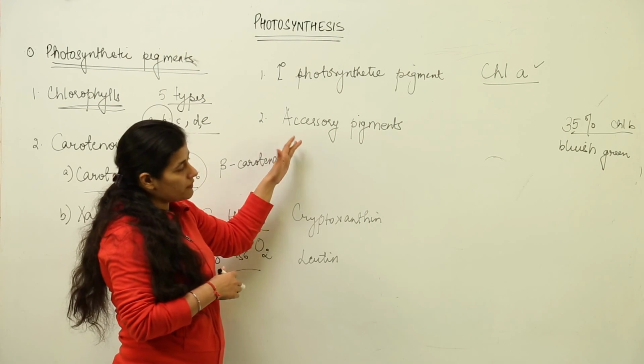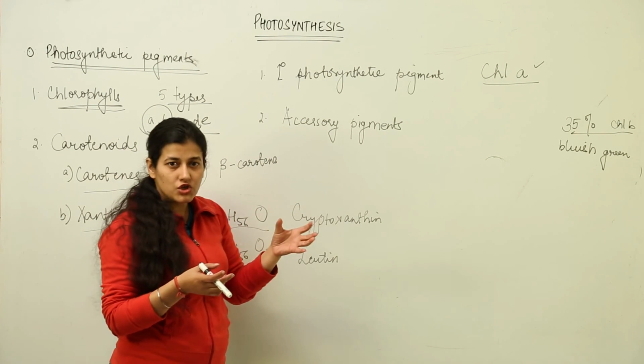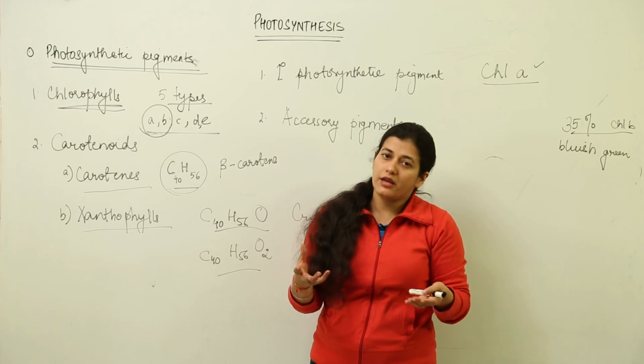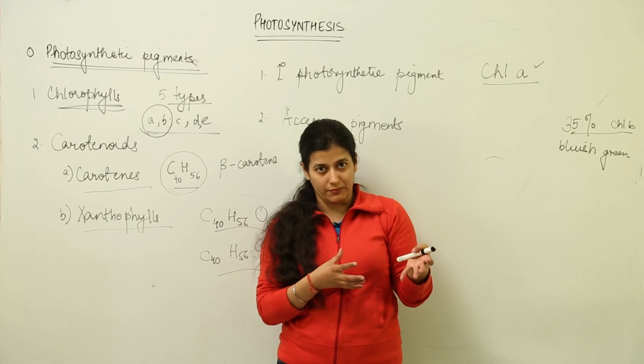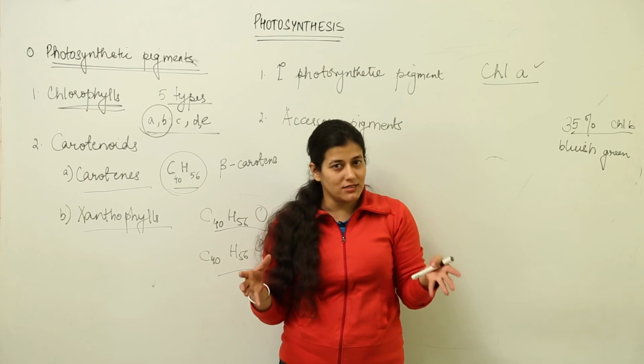And the accessory pigments are a little bit deviated from the green color. They could be reddish or yellowish in their appearance, and whatever they do, their purpose is basically providing the primary photosynthetic pigment, the main pigment, that is chlorophyll A, with the excessive energy.